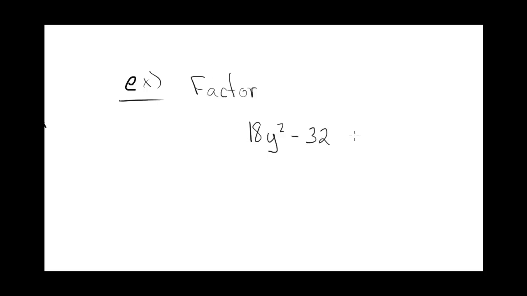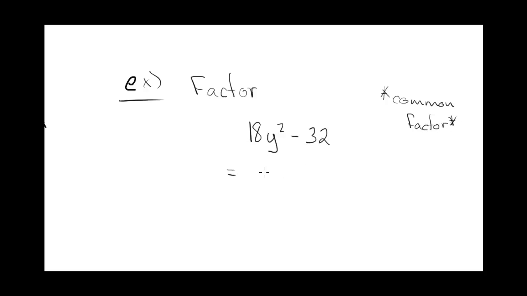You look at that and you say, okay, this is not a perfect square, right? 18 is not a perfect square. 32 is not a perfect square. But hopefully remember the golden rule, right? What do you always do first? Common factor. Always common factor first.